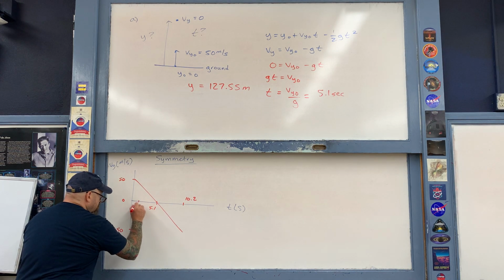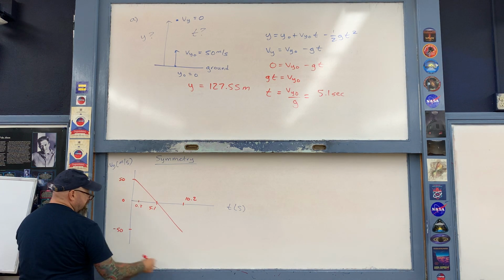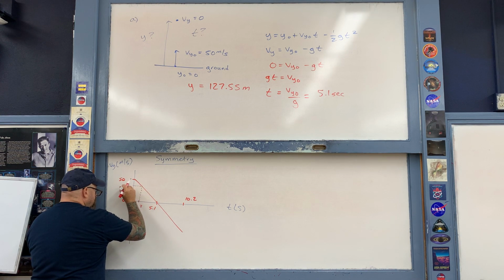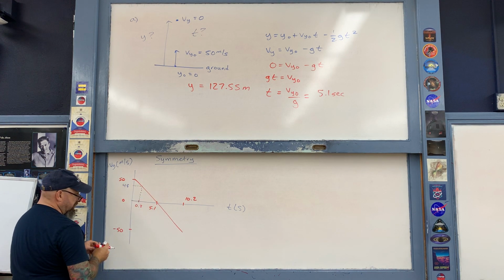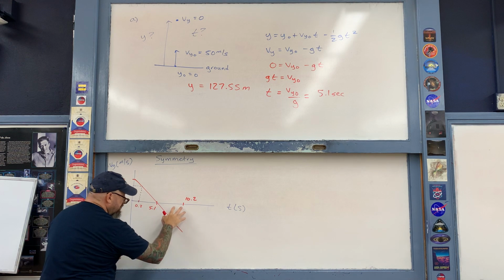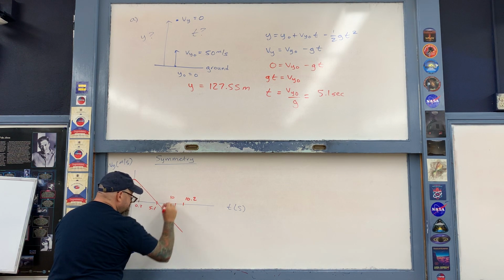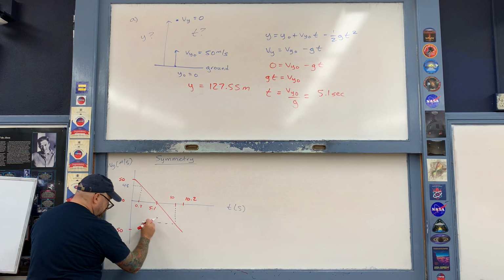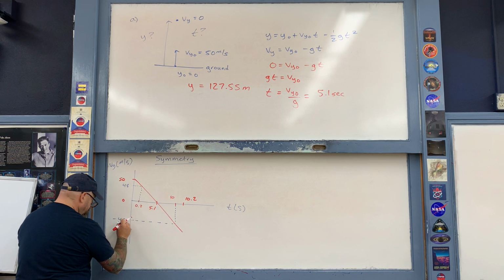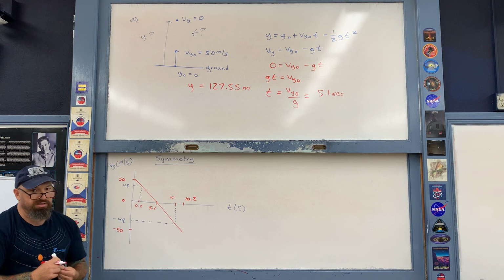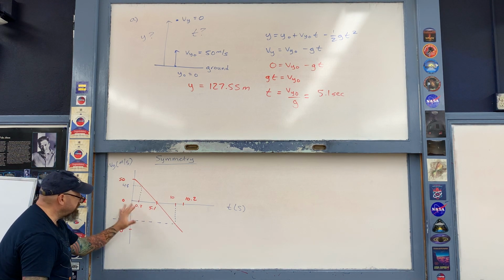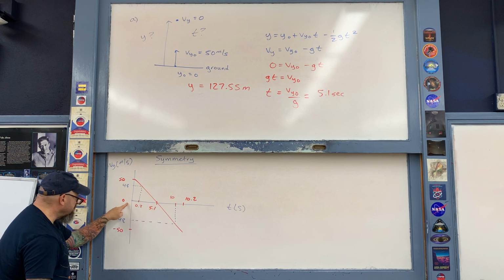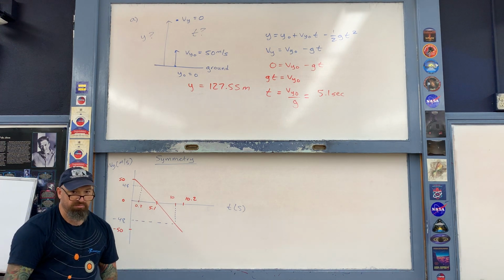Right here, at 0.2 seconds, the velocity was positive 48 meters per second. And then over here on the other side is 10 seconds. At that instant, the velocity downwards was negative 48 meters per second for part C of the problem. So once again, we're looking at symmetry on either side of our point where the velocity was 0 when the object reached its maximum height.